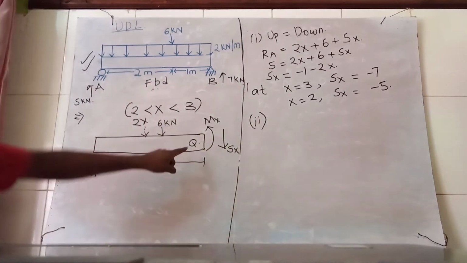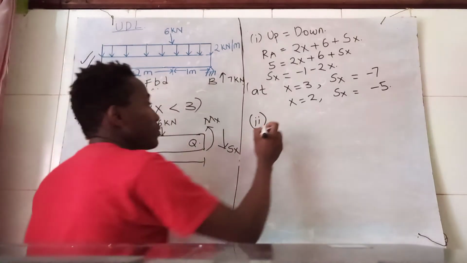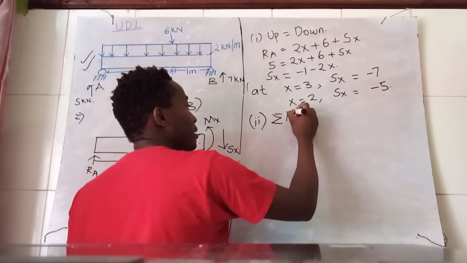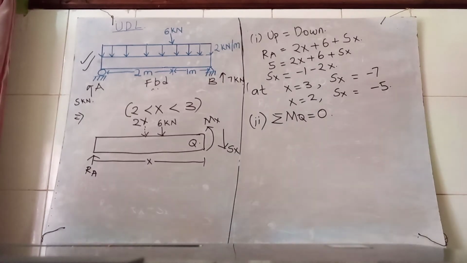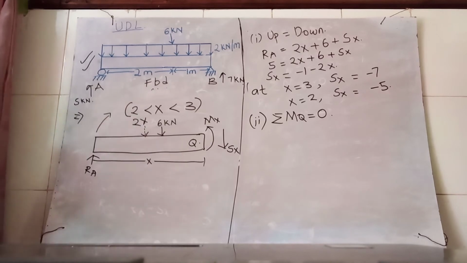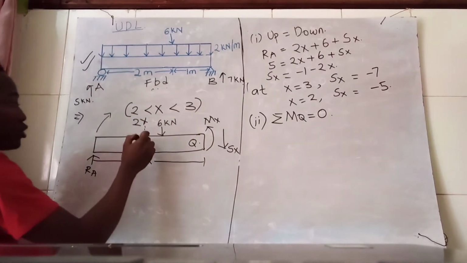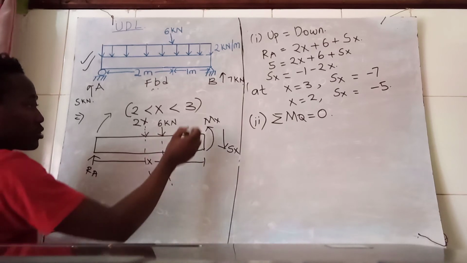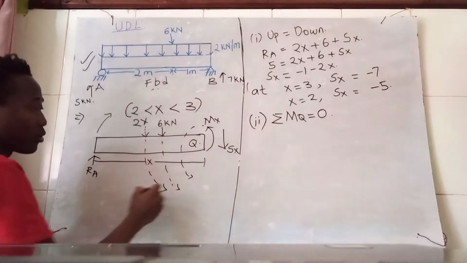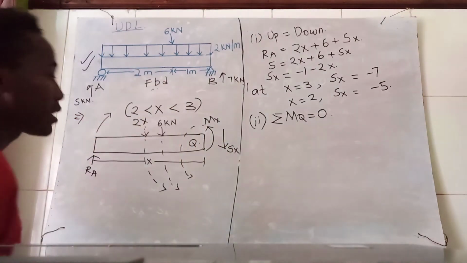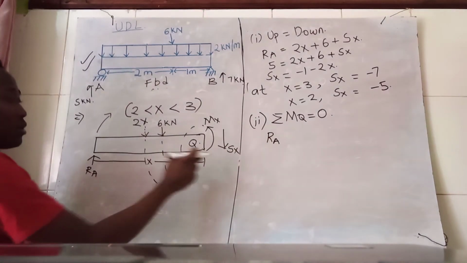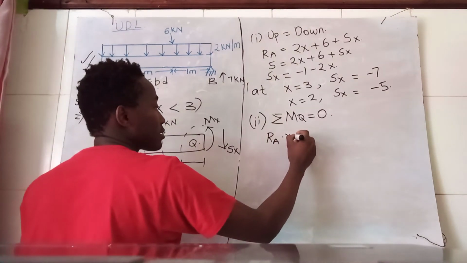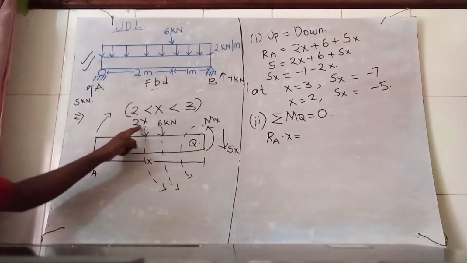Now the sum of moments at point Q is equal to 0. So we start evaluating RA in that direction, clockwise. 2x, 6 kilonewtons, and Mx are all heading in the anti-clockwise direction. So RA times the whole length x equals 2x.